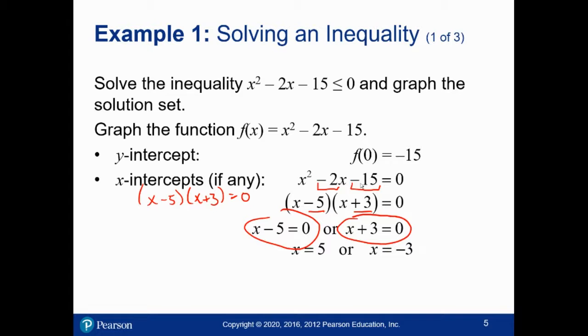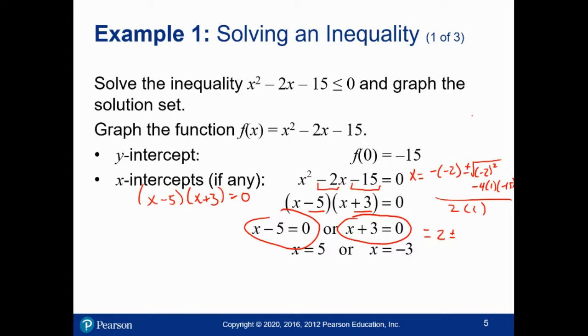If you applied the quadratic formula, you'd say x is equal to negative b plus or minus the square root of b squared minus 4ac all over 2a. And you would simplify this down, okay? Negative negative 2 is just 2.